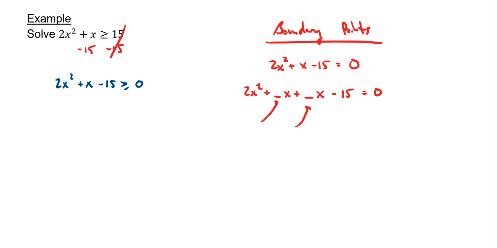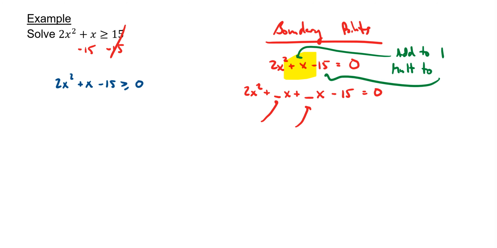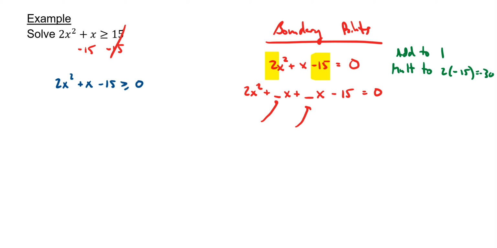So these two coefficients are going to add to the original coefficient, which is 1, and then instead of multiplying to negative 15, it needs to multiply to the product of 2 times negative 15, so negative 30. So for the multiplying portion, it always has to multiply to the product of the leading coefficient and the constant term.